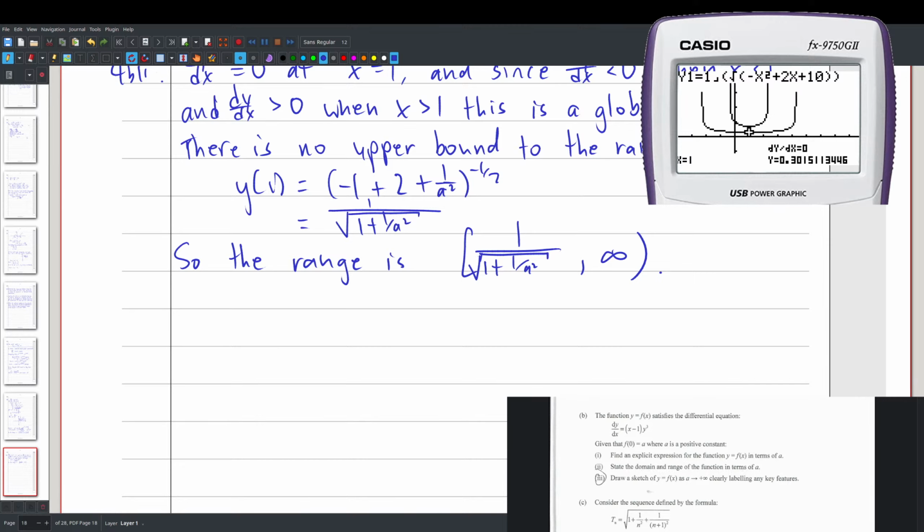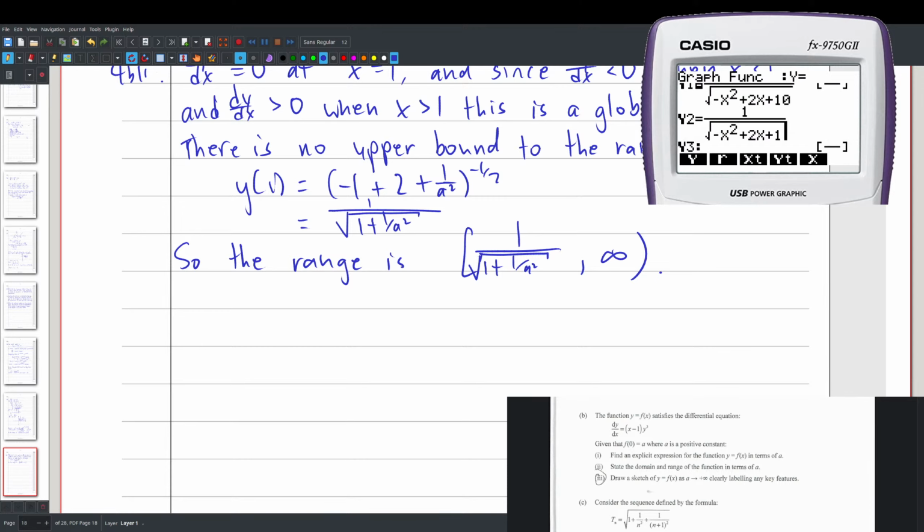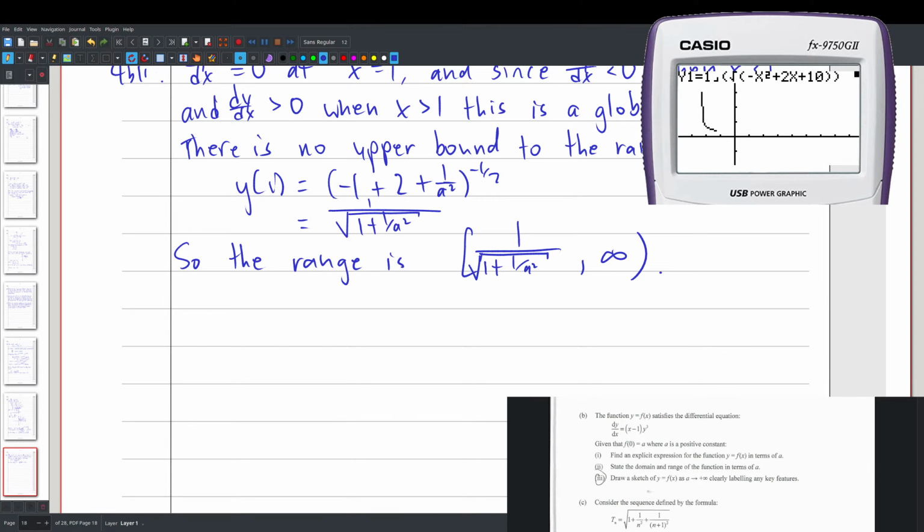So draw a sketch as a goes to positive infinity. That'll just be like 0, right? Wait, why do you even need a sketch as a goes to positive infinity? Oh, right.